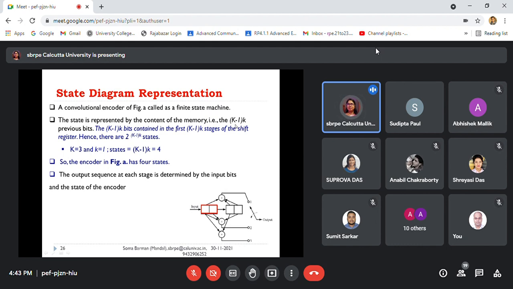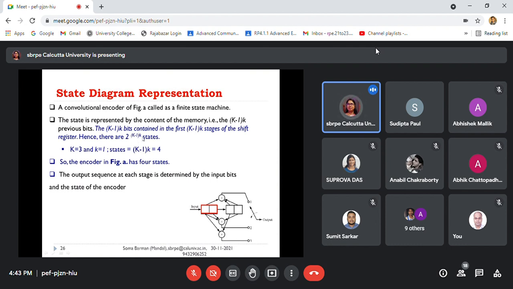That will be K minus 1 times small k. Oh, this will be 2 to the power, actually. I missed that. It is written over here: 2 to the power K minus 1 times small k. So this should be 2 to the power K minus 1 times small k states.